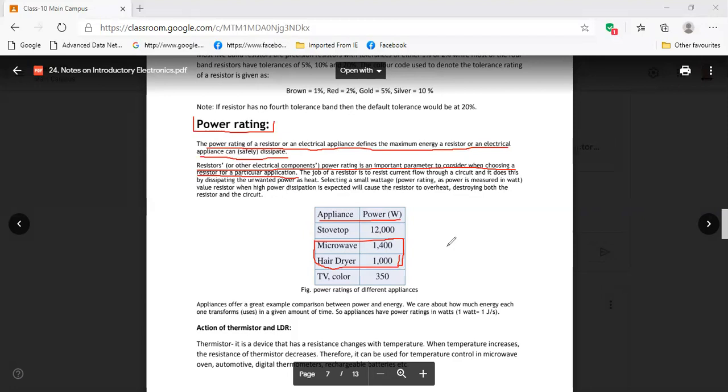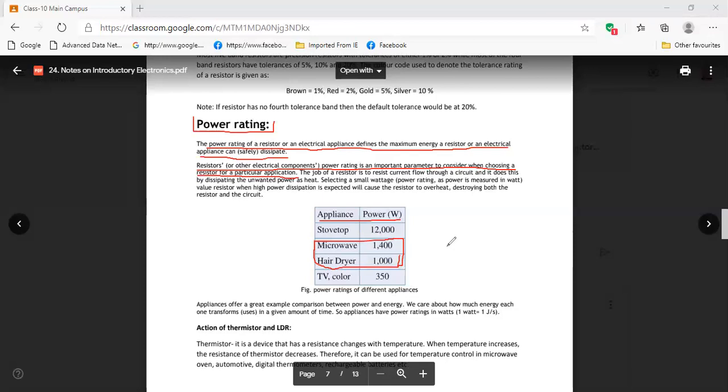Sometimes we see that because of low voltage, our fan is not moving, isn't it? Have you ever seen it in our power supply or the main supply? If the voltage is lower, then we see that the fan is not moving, or the fridge is not working, or the AC is not working. Have you ever seen it?